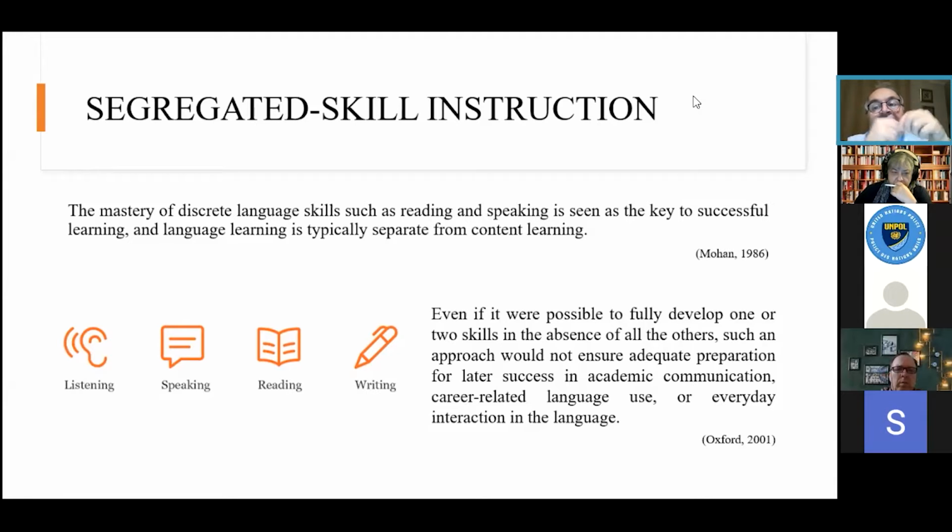Therefore, we have to be aware of what happens if we segregate these skills, such as listening, speaking, reading, and writing. So I have a question here. Why do people offer classes focusing on segregated language skills? My answer is that perhaps they think that it is easier to present courses on writing divorced from speaking, or courses on listening isolated from reading.